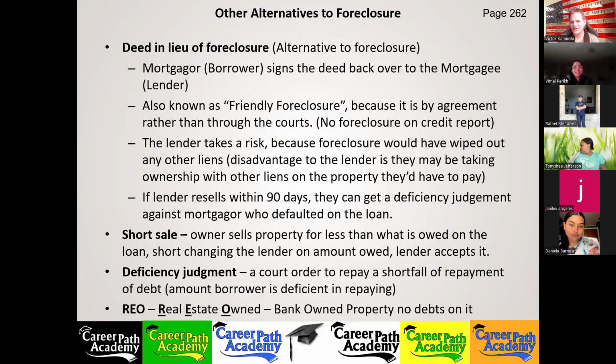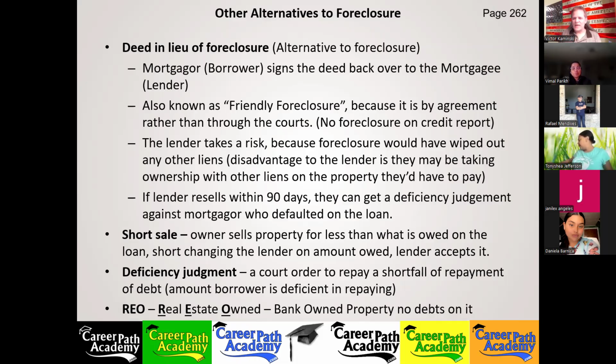Of course not. Because if they manage to resell that property within 90 days and they experience a loss, a deficiency in what you owe them, they're going to try to get a deficiency judgment and chase after you to pay off that balance. It's not usually done, but I've seen it done, so it can happen.